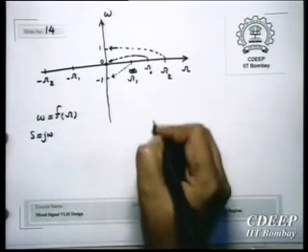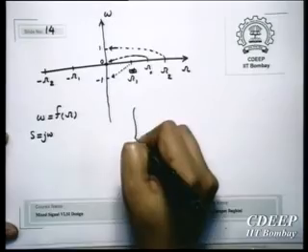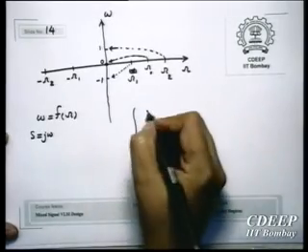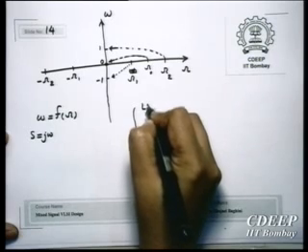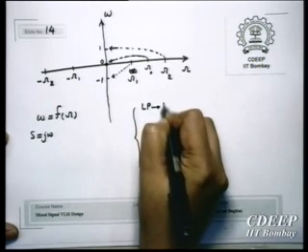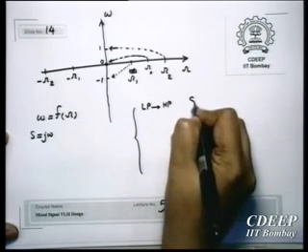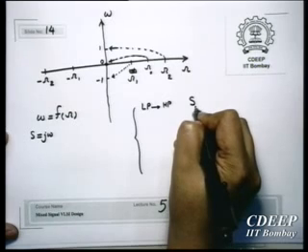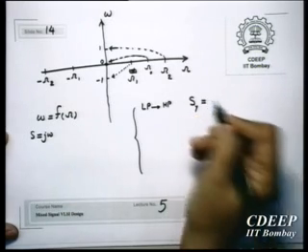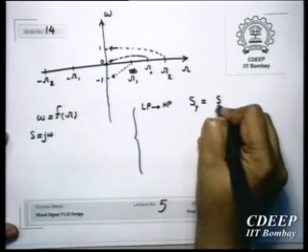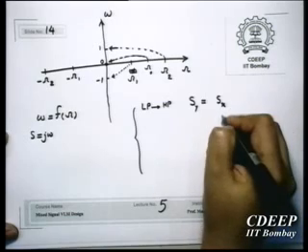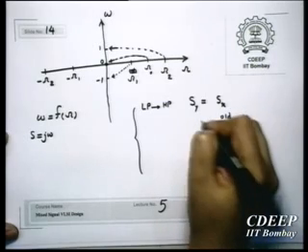So, here I write the relations. You say which one you may not understand. If I want to convert low pass to high pass, just a simple guess. I call Sy the new one and Sx the old one. So this is the old frequency, this is the new frequency.